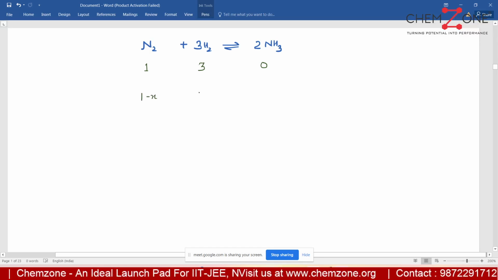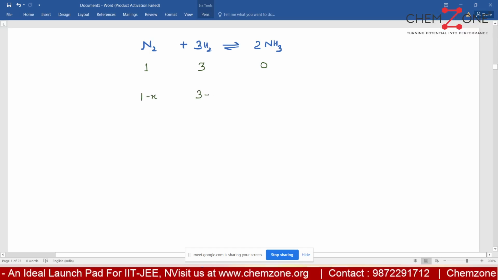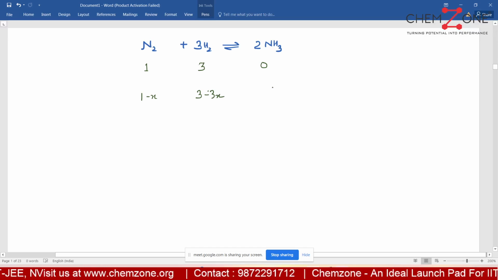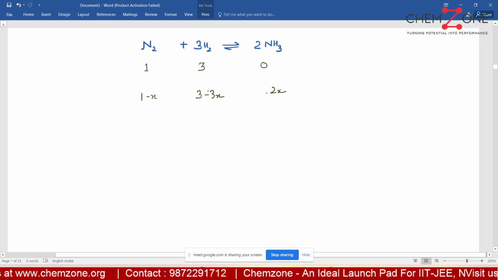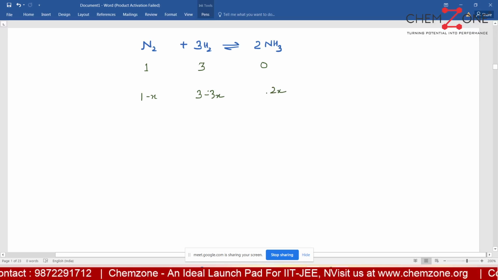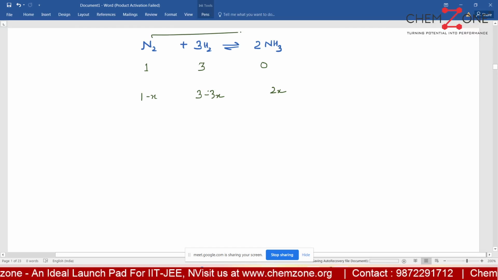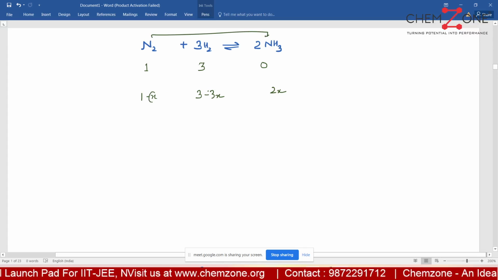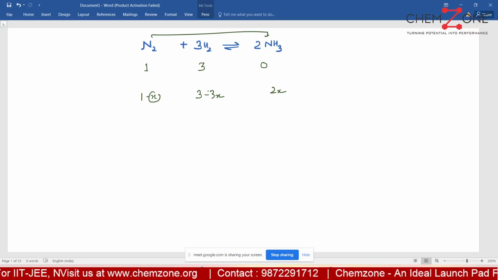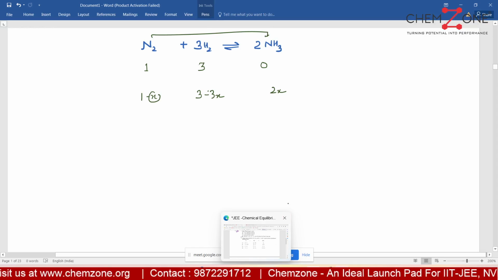Then 1 minus x, 3 minus 3x, and that will not be 2x. Is that okay? So not 2x, because 1 mole of nitrogen gives 2 mole of ammonia. So x will give how much? 2x only.